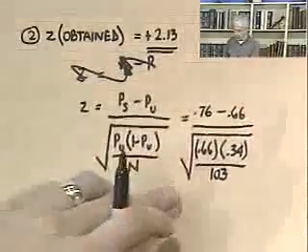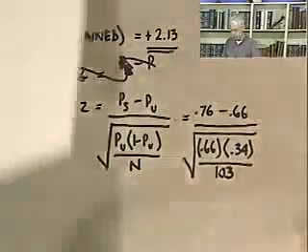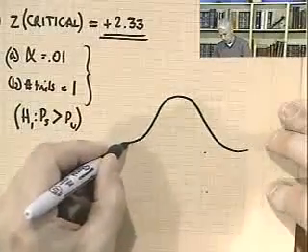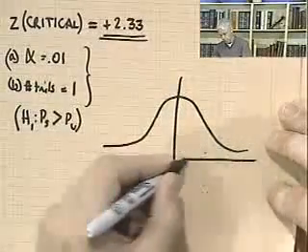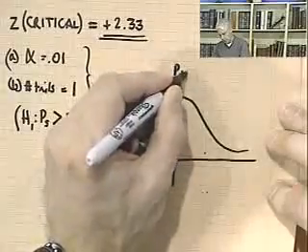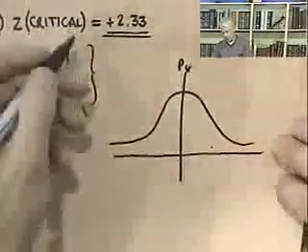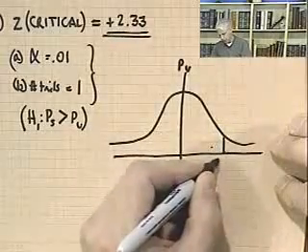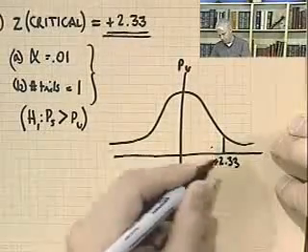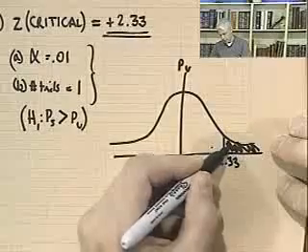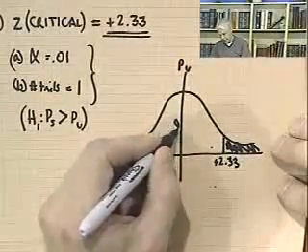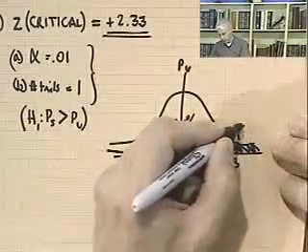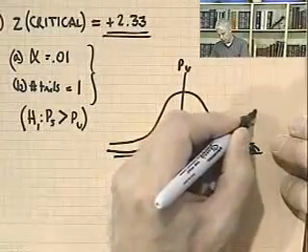Let's go back here. We have our sampling distribution now of sample proportions. P subscript U at the center. Our critical value is plus 2.33. That is, 99% of all of the scores are in this region and 1% in this region.